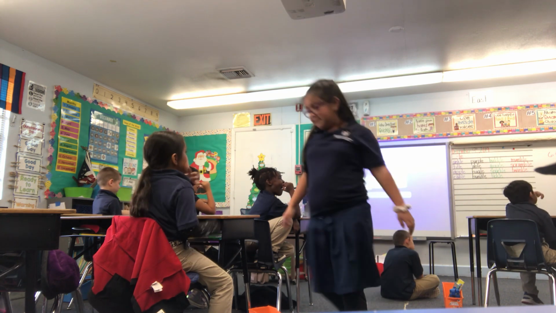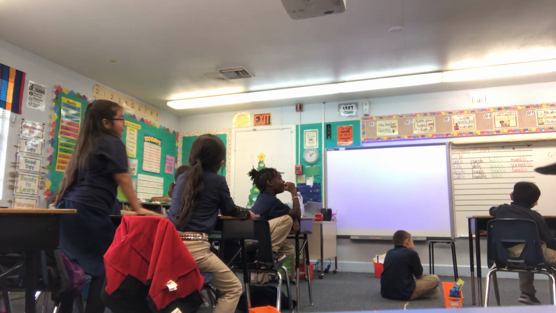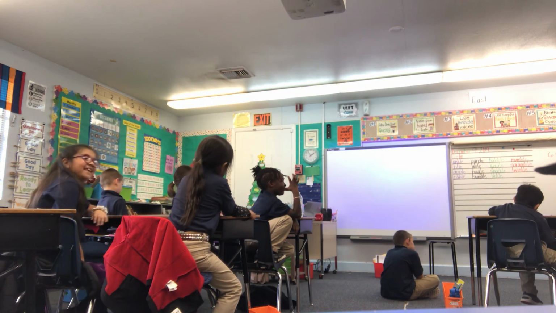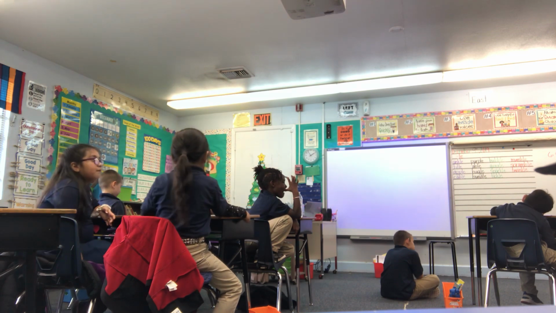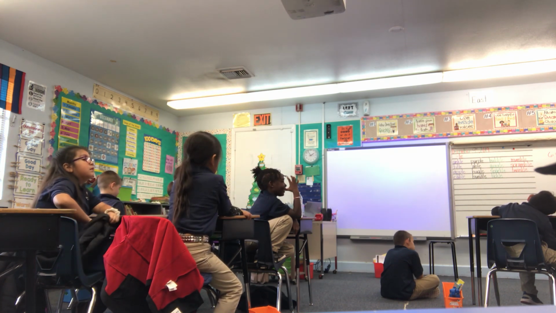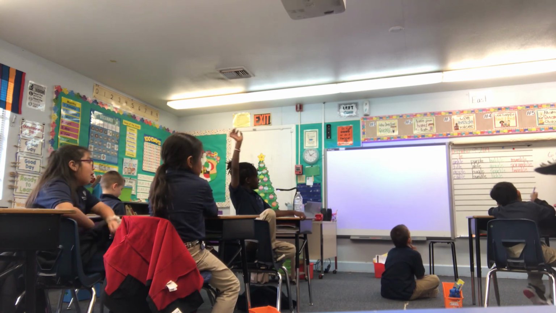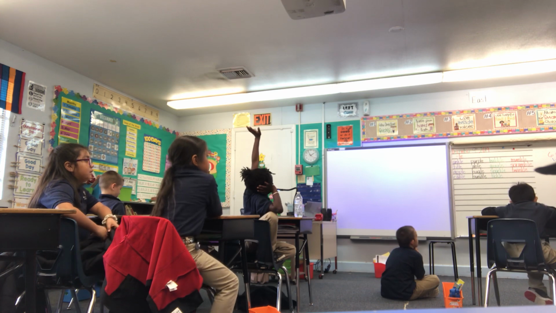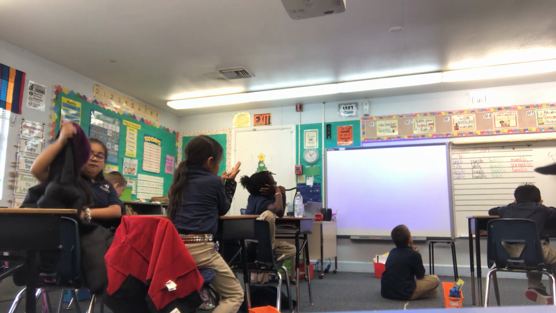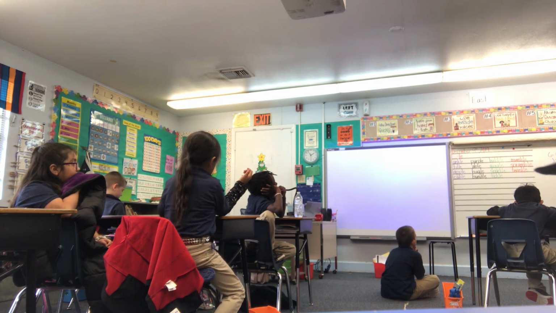What does she do first? How do we know that? Eileen, how did we know that? Yeah, 4 plus 10 is 14, so we knew that. What about the other side? What did we do? 6 plus 2 is, yeah, Sophia, 8. And we know that 8 is less than 14. That's how we solved that one.